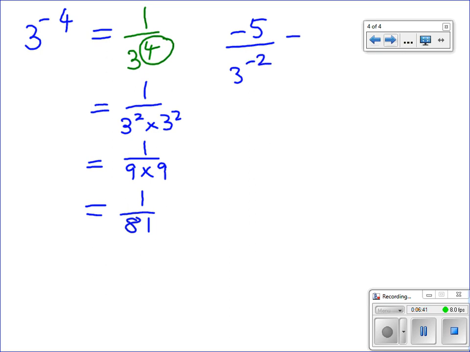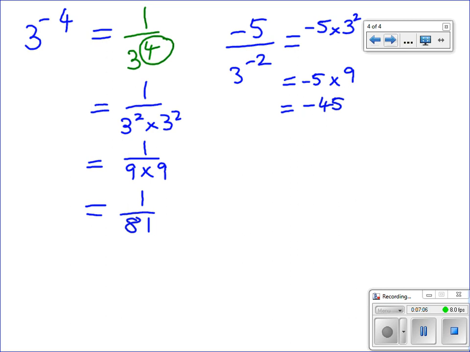Again, I'm going to start with getting rid of that negative index. I've got minus 5, the 3 goes up the top, so it's going to be times 3 squared. Now, 3 squared is 9 times minus 5, which gives me minus 45. Again, it's just a matter of taking your time and working through it.